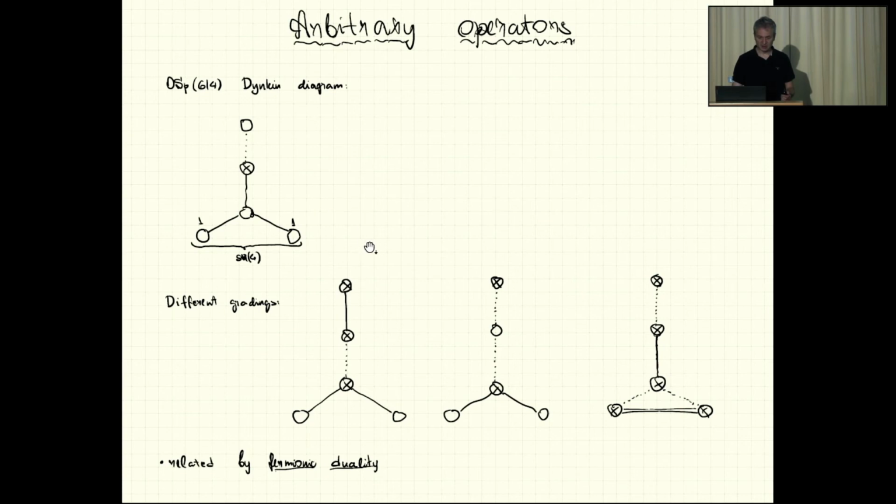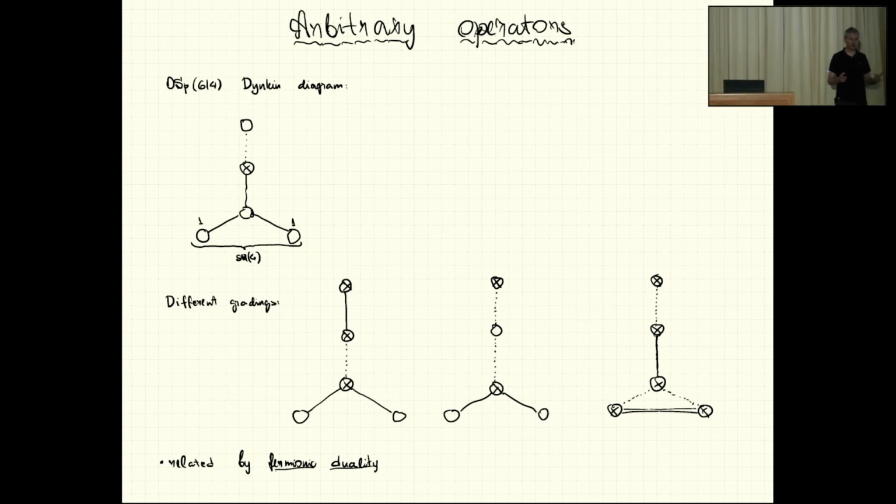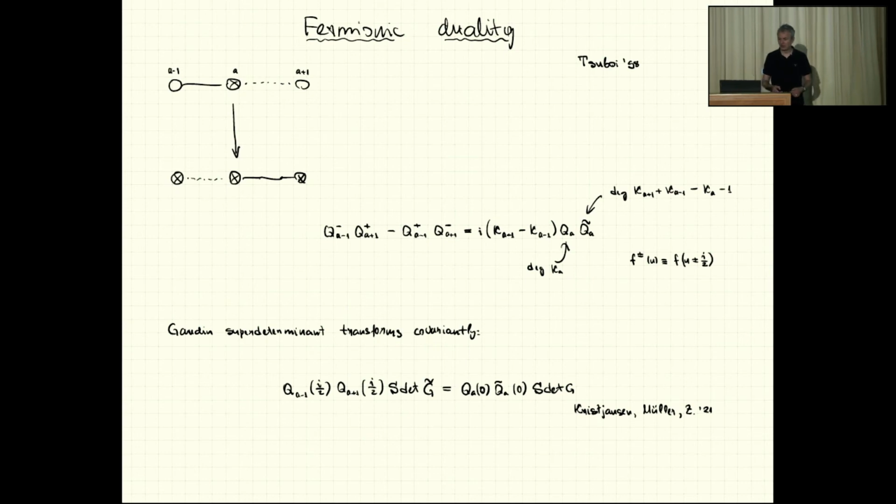Since the symmetry group is a supergroup, this diagram is not unique, so one can write down many Dynkin diagrams that describe OSP(4|6), and there is a symmetry of Bethe equations that allows one to go from one diagram to another, known as fermionic duality. Basically, one of the QQ equations transforms the diagram to a different grading.